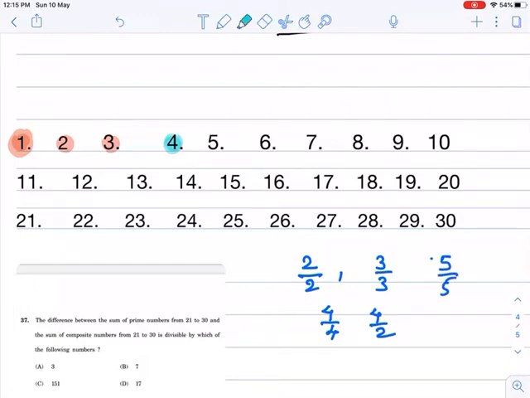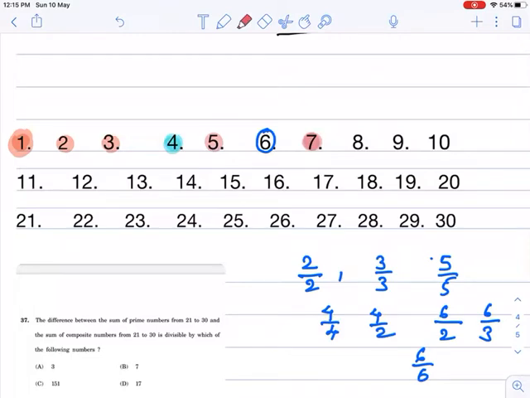Therefore 5 is a prime number. 6 is divisible by 2, completely divisible. 6 is divisible by 3. Therefore 6 is a composite number. Similarly we'll see which are the prime numbers.